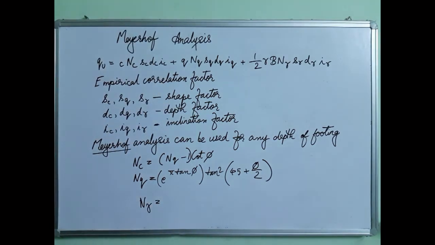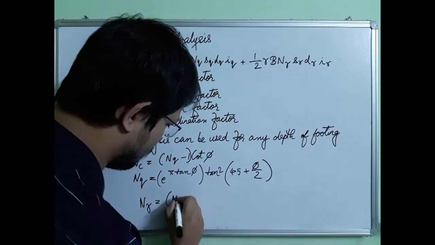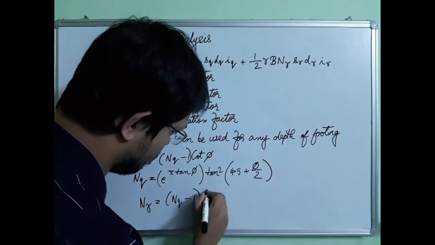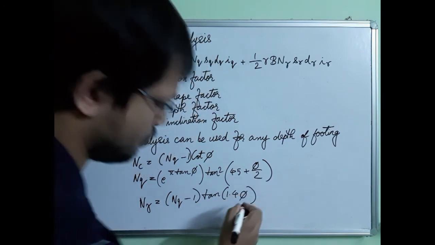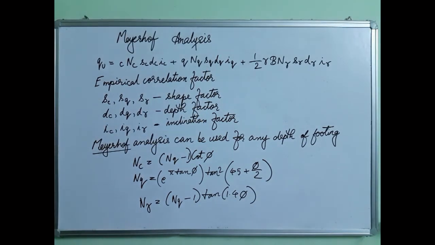And gamma equal to N_q minus 1, tan of 1.45.